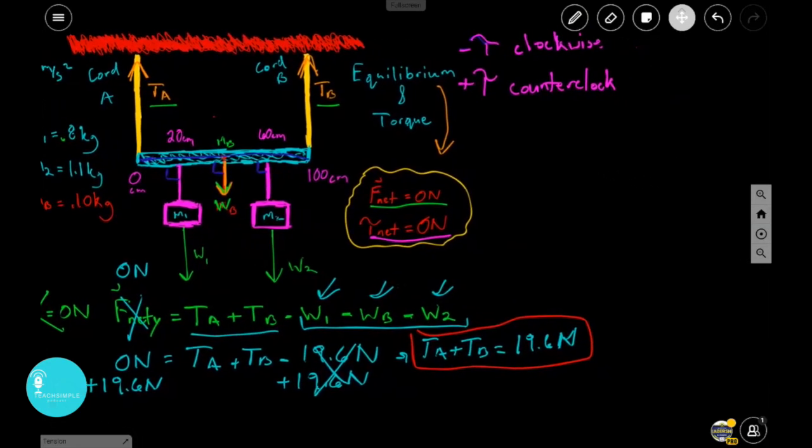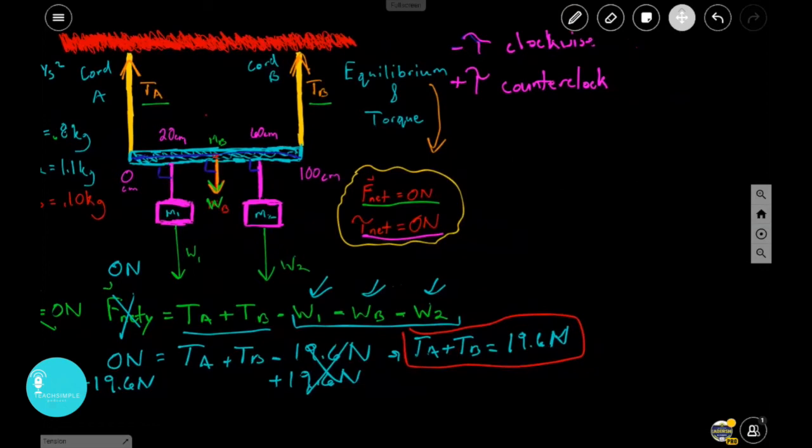So we can still see our picture here. So now we're going to do the total net torque, okay, which we said was 0. But now we have to account for the torque of tension A, right? Because if this wanted to point up, this will make the bar go the opposite direction.